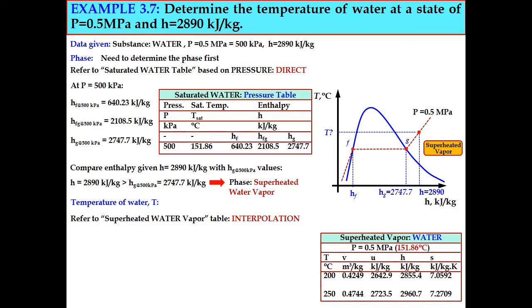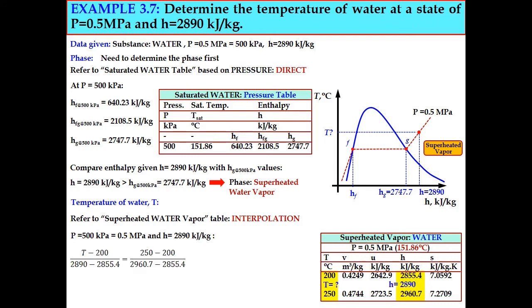If we look at the value of H equal to 2890, the value will be in between 2855.4 and 2960.7 in terms of enthalpy value. So you need to make interpolation between the enthalpy value and also the temperature value.